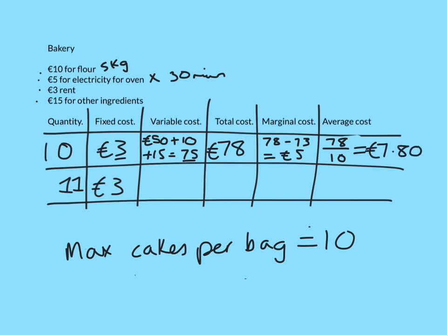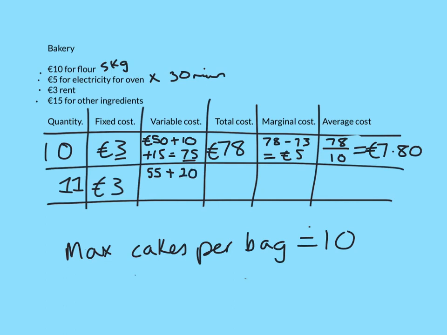Well, let's say for the 11th cake, then we need to buy a new bag of flour. So we now have to double all of these costs here. Let's say for 11 cakes, we know that's going to cost €55 in electricity, because we add another 5 on. And we now need 2 bags of flour, so that's going to cost me 20.